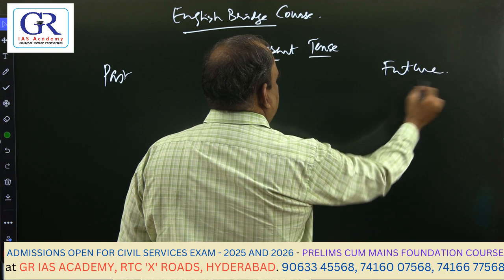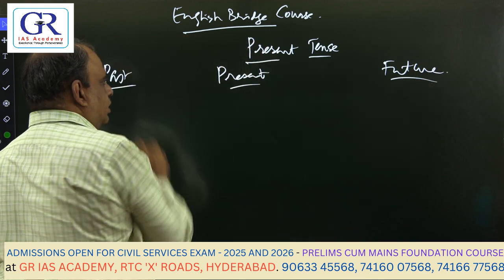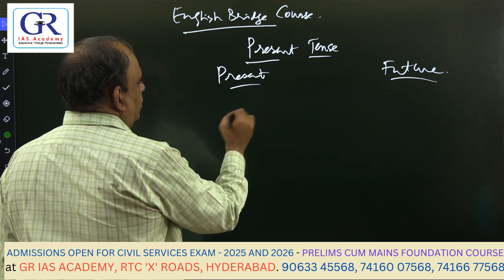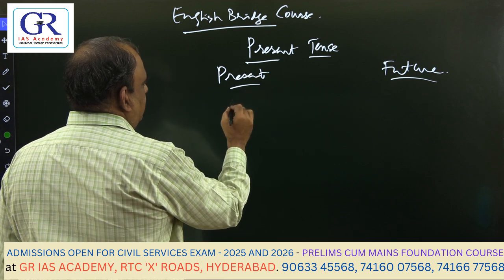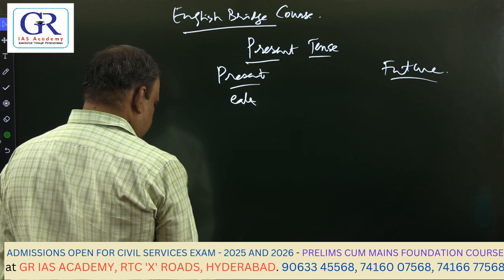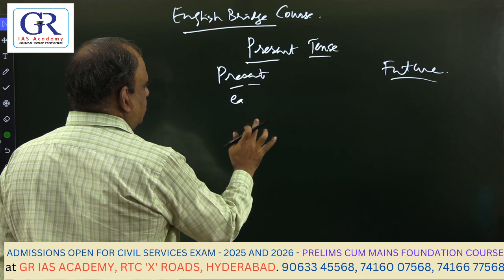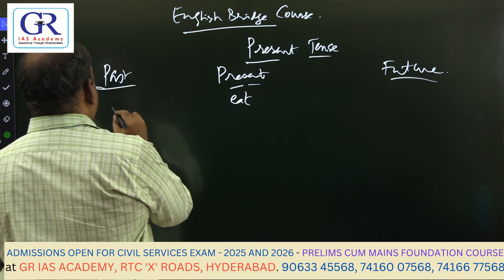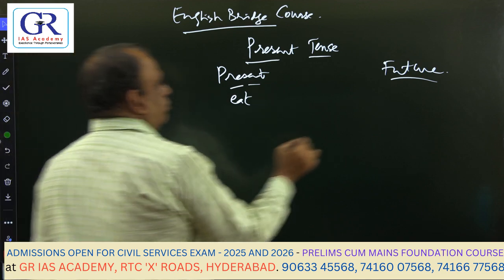Okay. So like this there are broadly three tenses. So I told you examples are eat, ate, will eat.